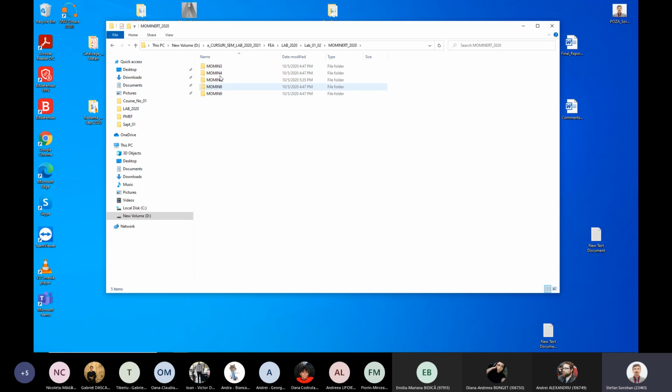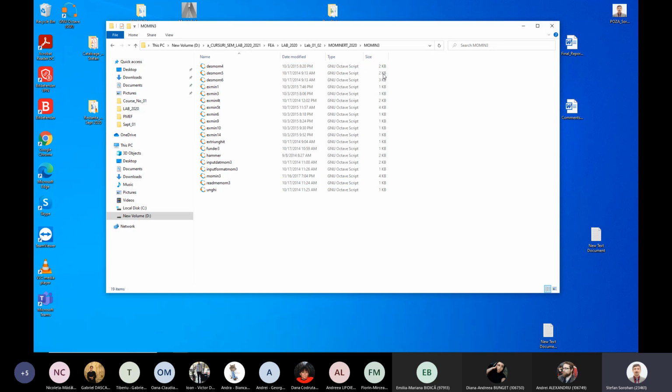So usually you must go inside of this directory. For example, this is momin 3, and you can see there is a name which is the same with the name of this last directory, and this is the main file which runs a particular problem.